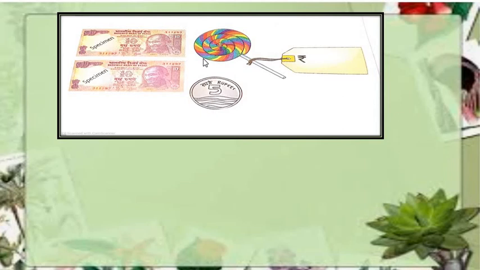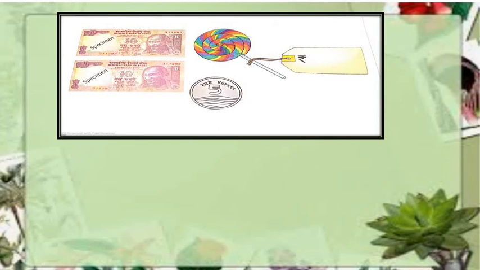Now we have a lollipop, one of the most favorite things of all tiny students. Let us see what is the price of that. For that, here we have two 10 rupees notes and one 5 rupee coin. How can we find out the total amount?